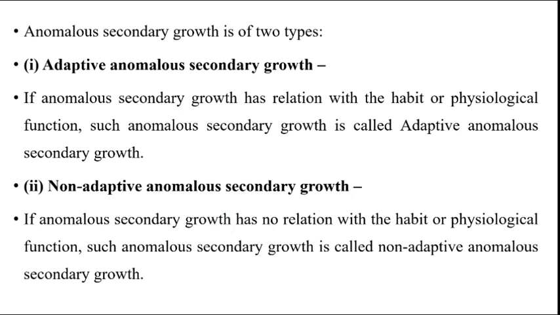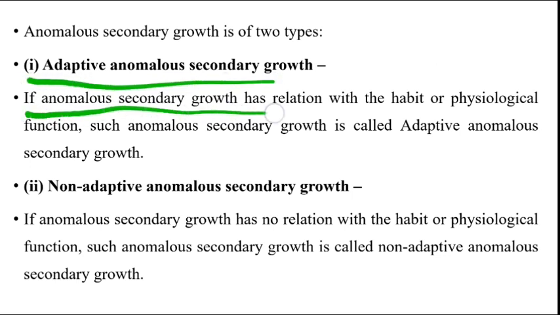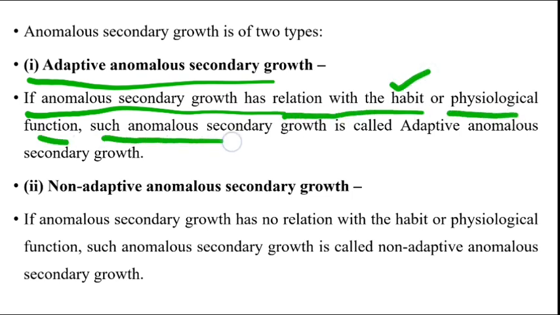So, it can be of two types. One is adaptive type of anomalous secondary growth, and the second is non-adaptive type. What is adaptive anomalous secondary growth? If anomalous secondary growth has relation with habit or physiological function, it is called adaptive secondary growth.